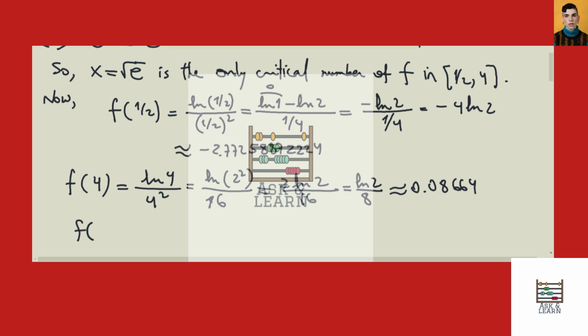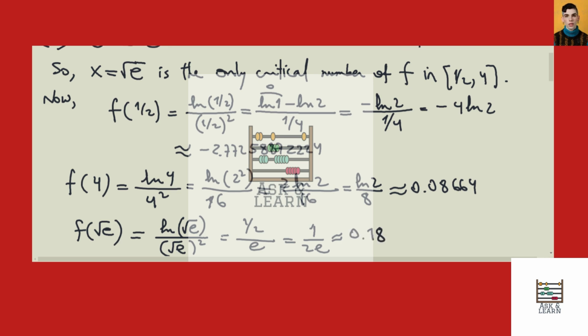Now the critical number is square root of e, and the image is natural logarithm of the square root of e over square root of e squared, and here we get 1/2 over e, that is 1 over 2e, which is about 0.1839397206.